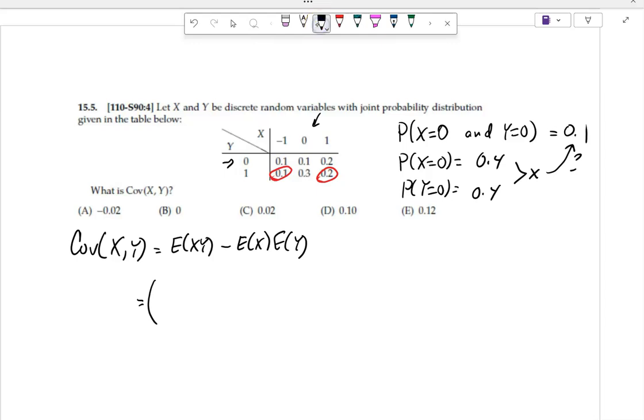Okay. So for this one, I would do -1 times 1 times 0.1. X is -1, y is 1. This says multiply them, and then multiply by the probability. What would the other one be that matters?